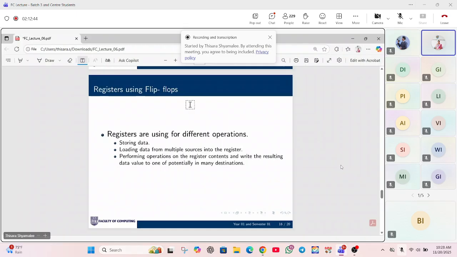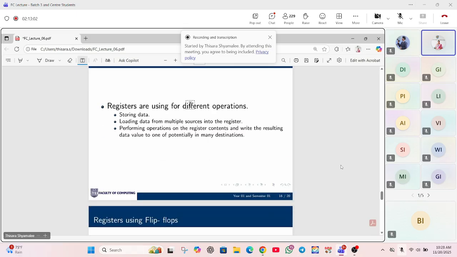Registers are used for different operations like storing data, loading data from multiple sources into registers, then performing operations on the register's content and writing the resulting data value to one of potentially many destinations. These are the scenarios where we use registers for different operations.